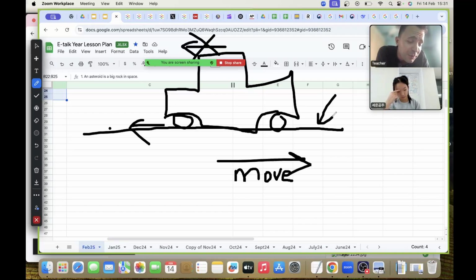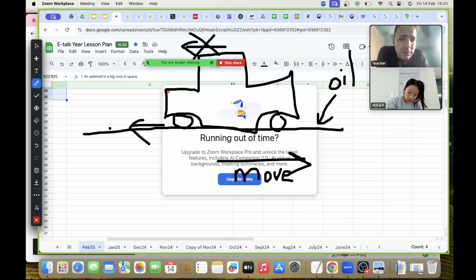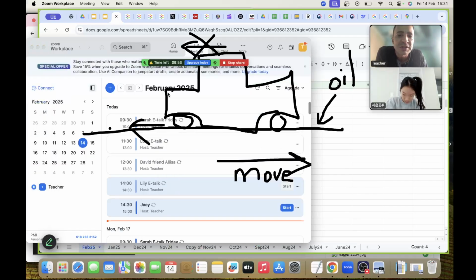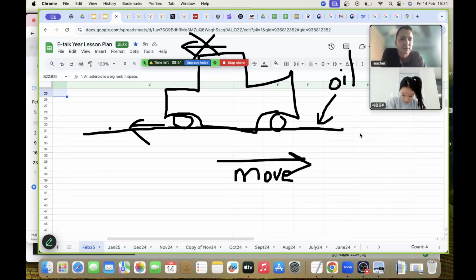Oil can be a type of lubricant. If I pour oil onto this road, Lily, will the frictional force increase or decrease? It will decrease. So a lubricant reduces friction. A lubricant reduces the frictional force.